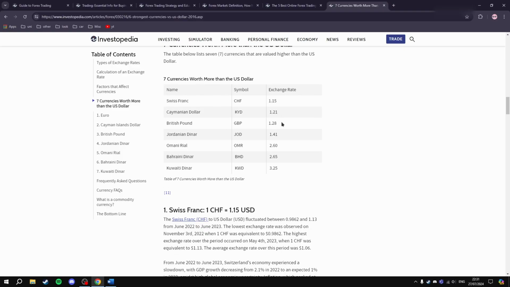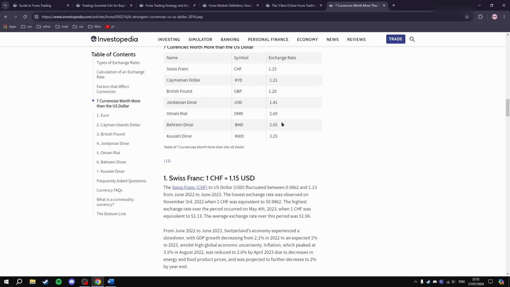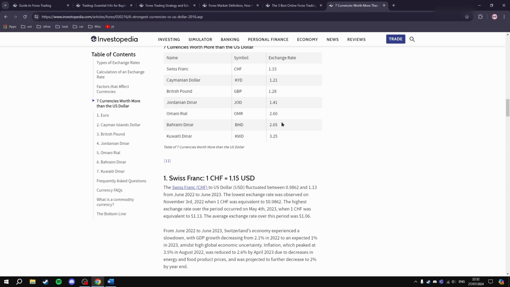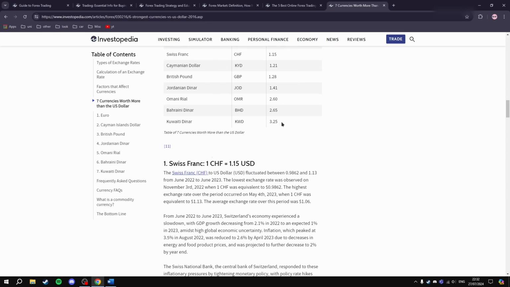Seven currencies worth more than the USD. The table below lists seven currencies that are valued higher than the USD. Swiss franc, CHF, 1.15. Caymanian dollar, KYD, 1.21. GBP, 1.28. Jordanian dinar, 1.41.